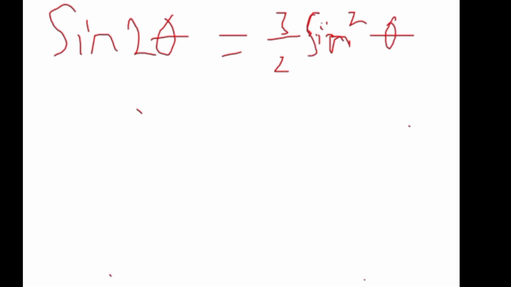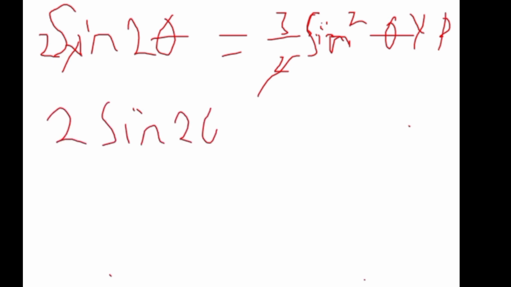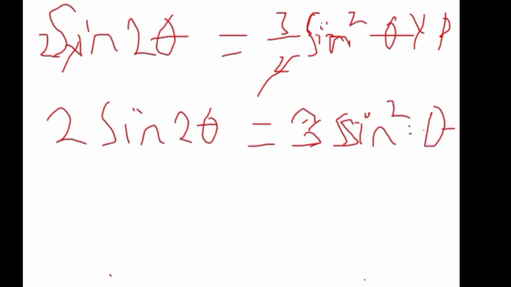Okay, so we can multiply both sides by 2 so that we can clear the 2 there. If we do that, 2 will cancel 2. We have 2 sine 2 theta is equal to 3 sine squared theta. Now what do we do next?